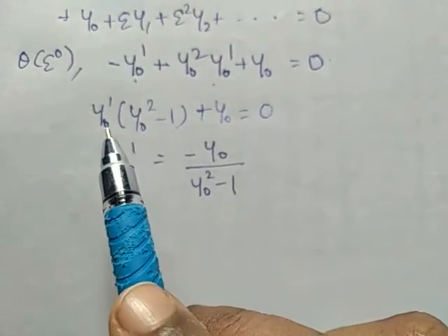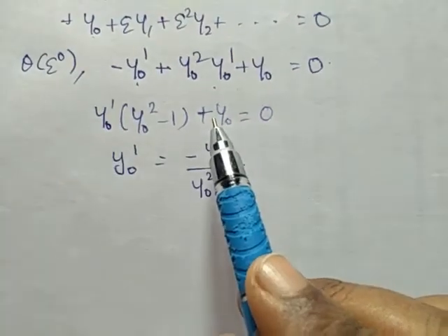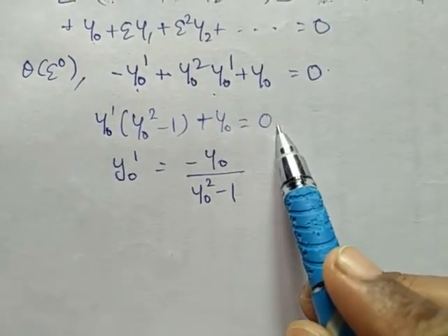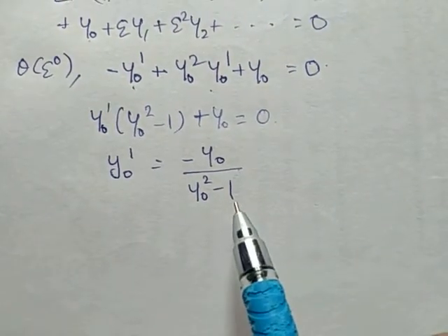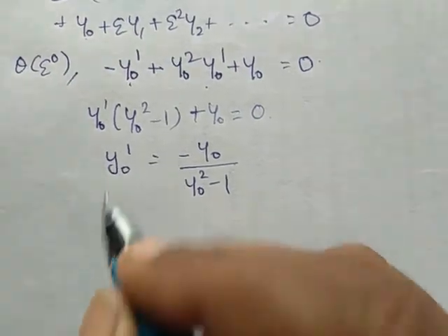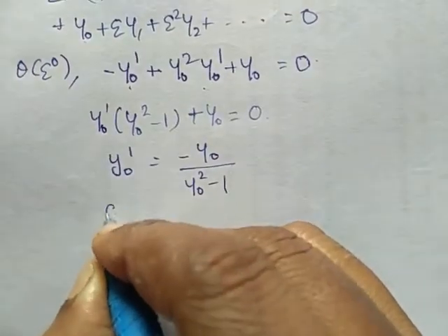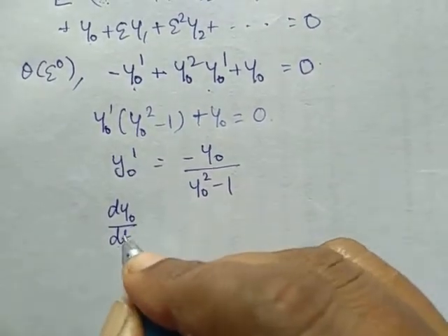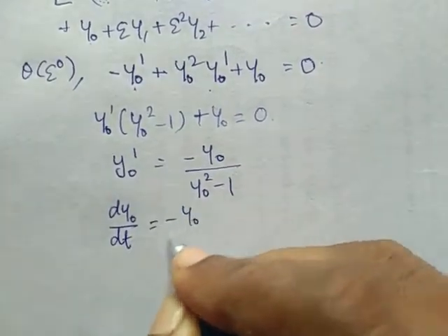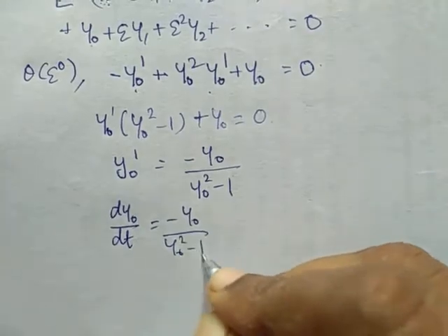So finding the value of y naught dash, I have shifted plus y naught to RHS, that is minus y naught divided by y naught square minus 1. So what is y naught dash? We can write y naught dash as dy naught by dt, because y naught is function of t, equal to minus y naught by y naught square minus 1.